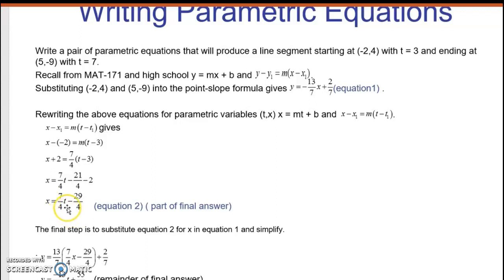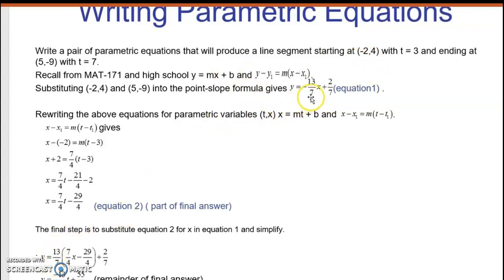We know what x equals in terms of t. Now, completing the problem by finding out what y equals in terms of t. To do that, you go back and pick up the very first equation you found. That was a rectangular equation containing the points.